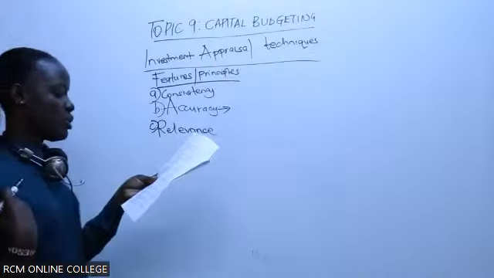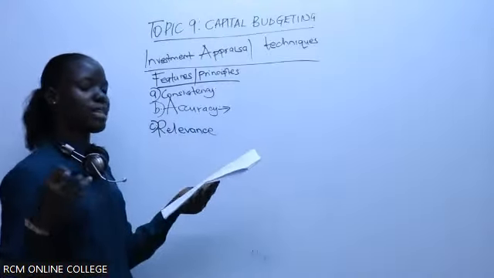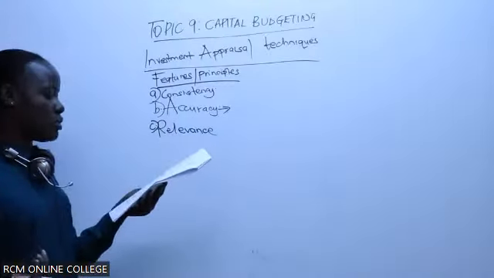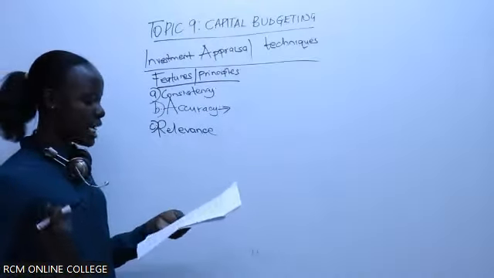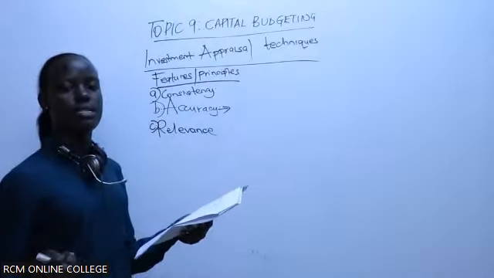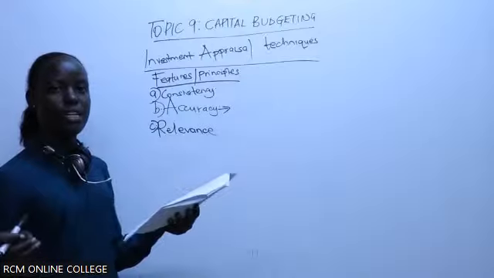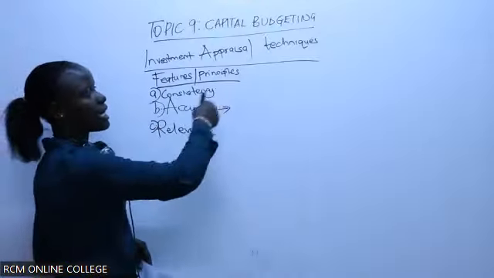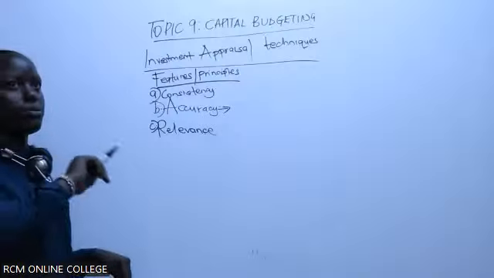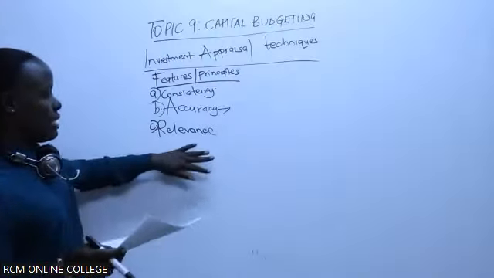The technique should consider all relevant cash flows, both inflows and outflows, including the initial investment of the project, the operating revenues, the expenses, and the salvage or scrap values. The technique you choose for your project should be very much relevant.